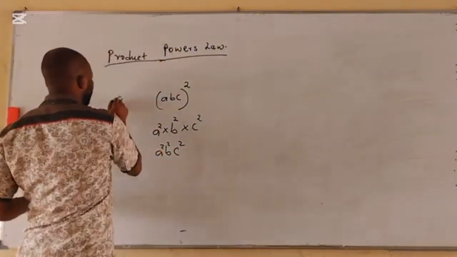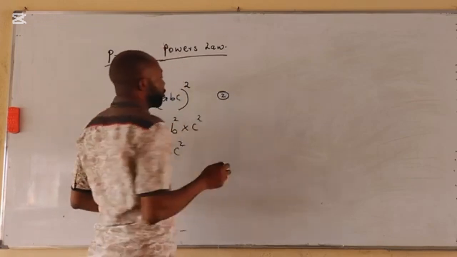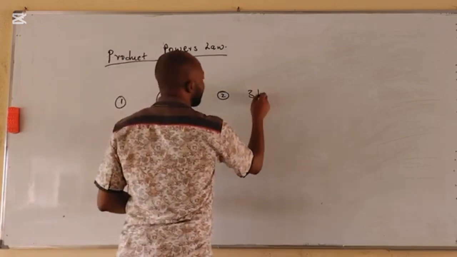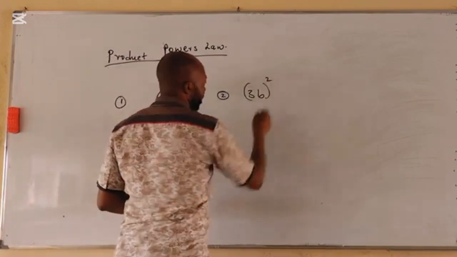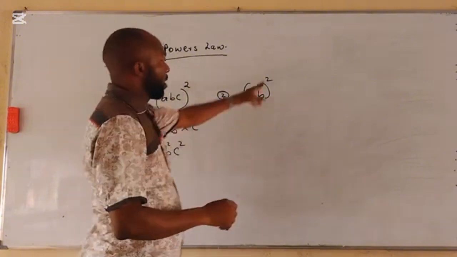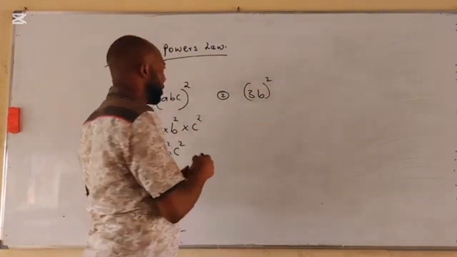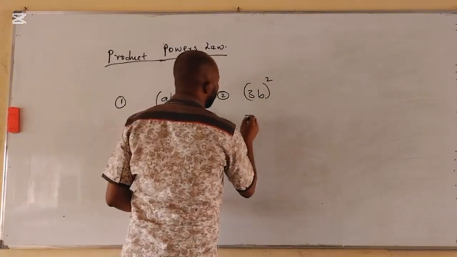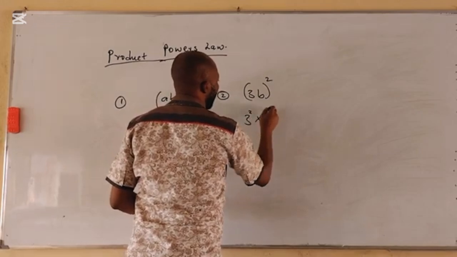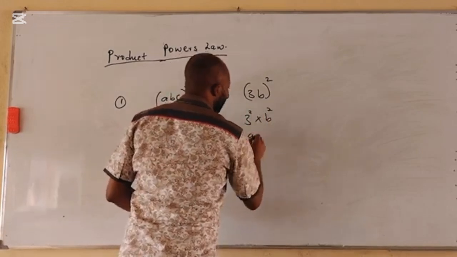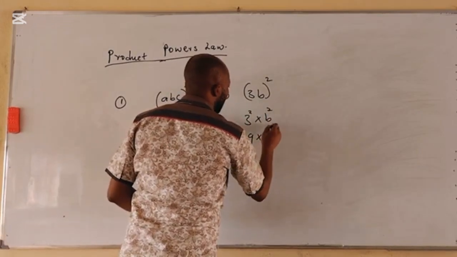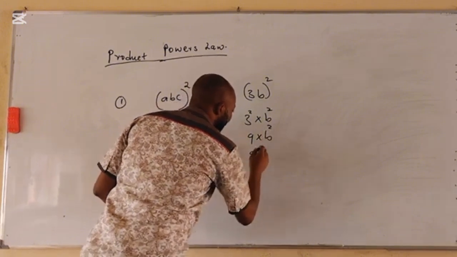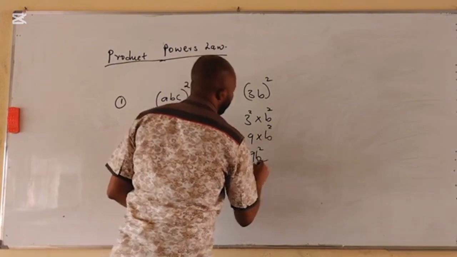Example 1: if we have something like 3b squared, the power will be distributed evenly in it. So I'll have 3 squared times b squared. 3 squared is 9, times b squared, which is the same thing as 9b squared.